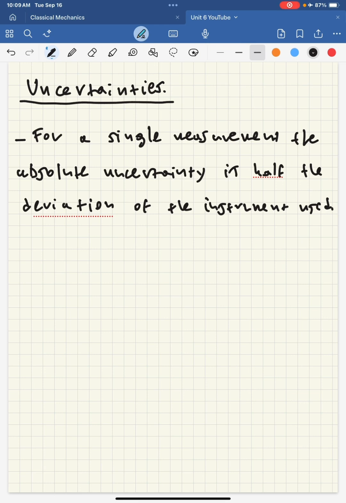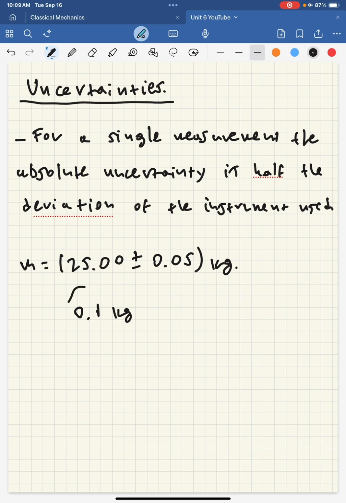So for example, if I tell you that mass is 25 kilograms, then we have to add plus or minus 0.05 kilograms, because usually scales measure up to 0.1 kilograms. So they tell you, for example, I am 82.1 kilograms right now.